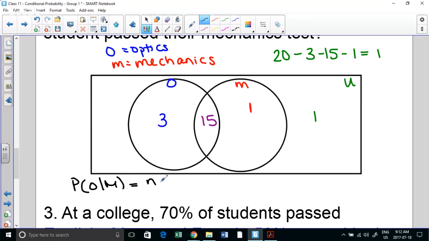That gives me the number of the intersection divided by the number of mechanics. So the second one goes on the bottom as well. The intersection between them, there are 15. How many total passed mechanics? 16. And that's done. You could convert this, like I said, to a percent, but you don't have to.